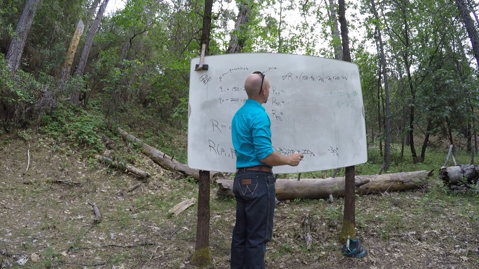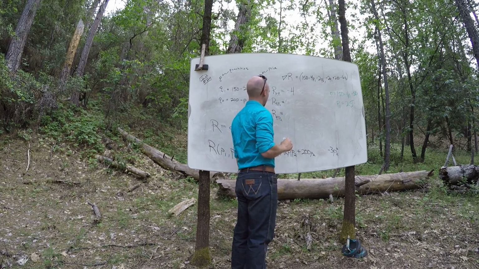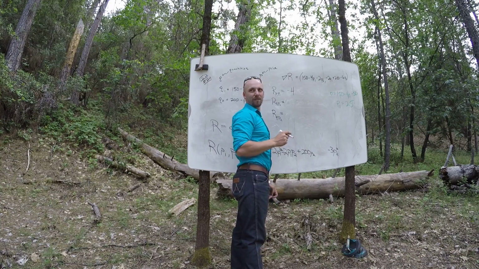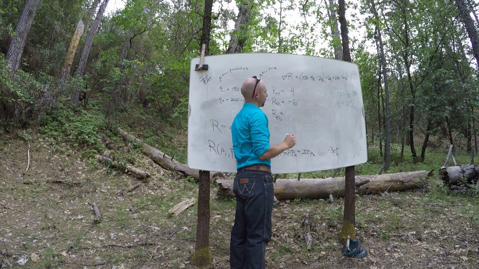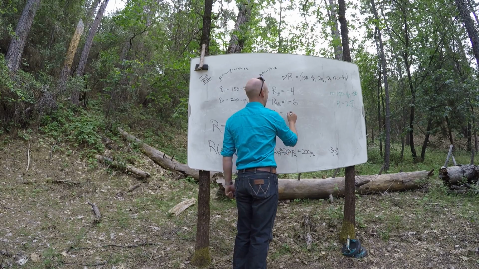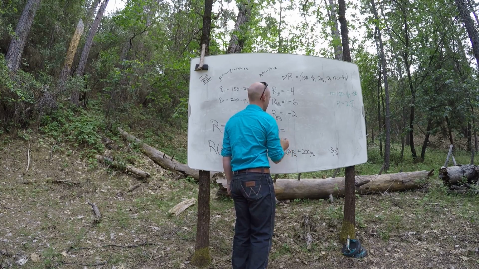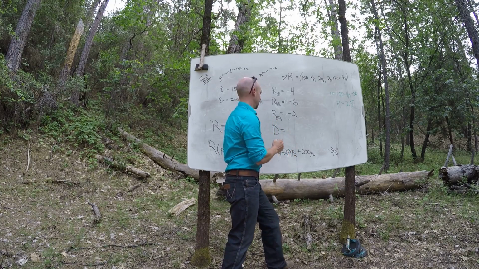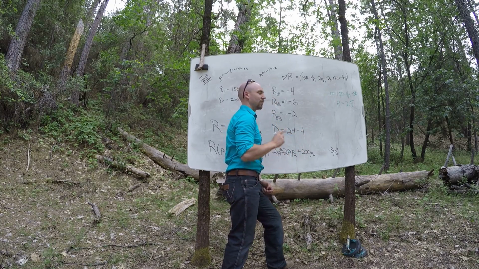R sub P1, P1, negative 4. R sub P2, P2, negative 6. And R sub P1, P2, negative 2. Okay, so then what? So D is 24 minus 4, 20, which is greater than 0.